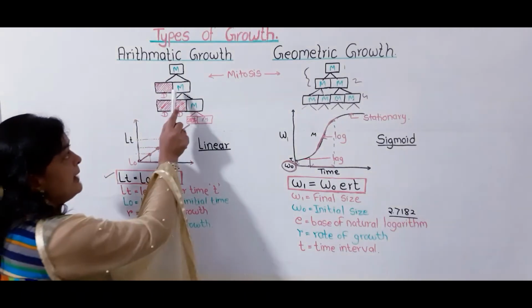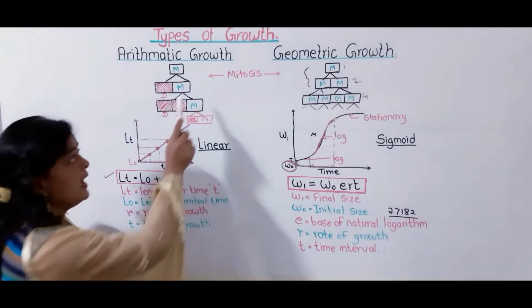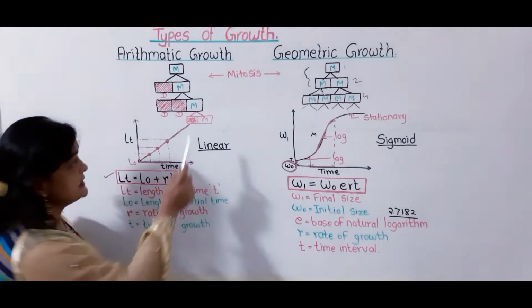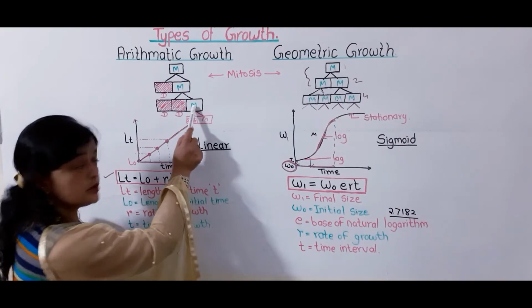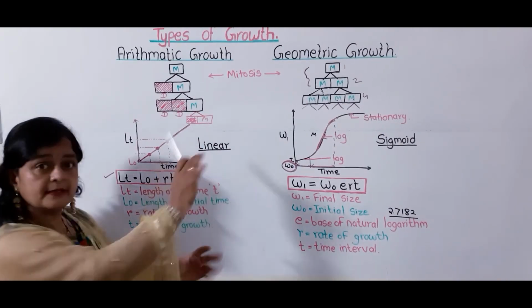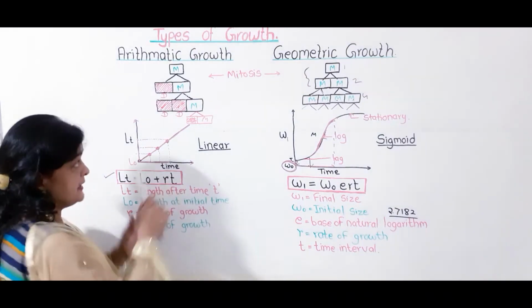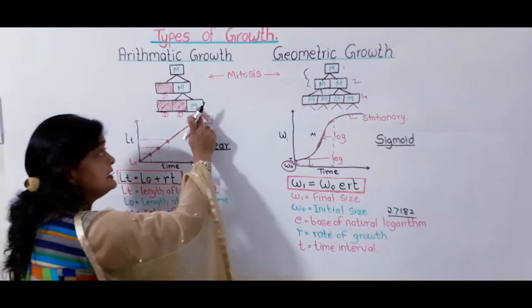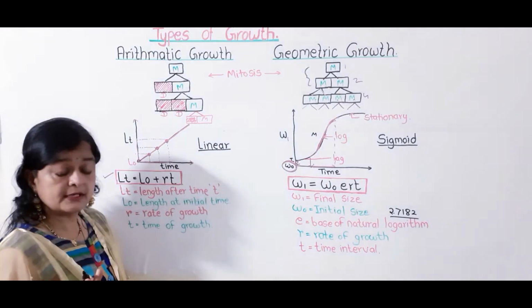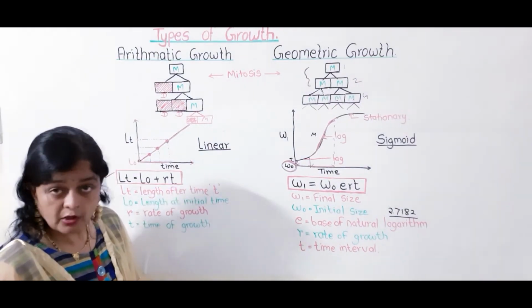Again, this meristematic cell undergoes mitosis and forms two cells. Again, out of these two cells, one cell becomes differentiated or matured, and only one cell has the capacity to divide or redivide.